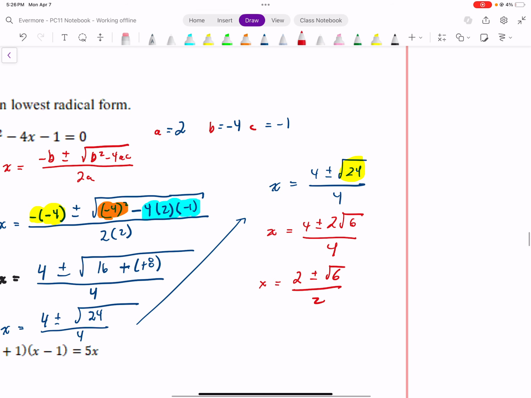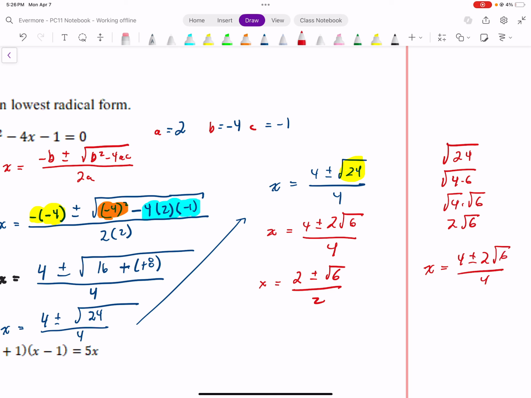Two things I want you to go over. The first one is root 24. Root of 24 can be thought of as root 4 times root 6, and that gives 2 root 6. That's why I simplified root 24 to 2 root 6. Secondly, when I took 4 plus or minus 2 root 6 all over 4, I divided both top and bottom by 2.